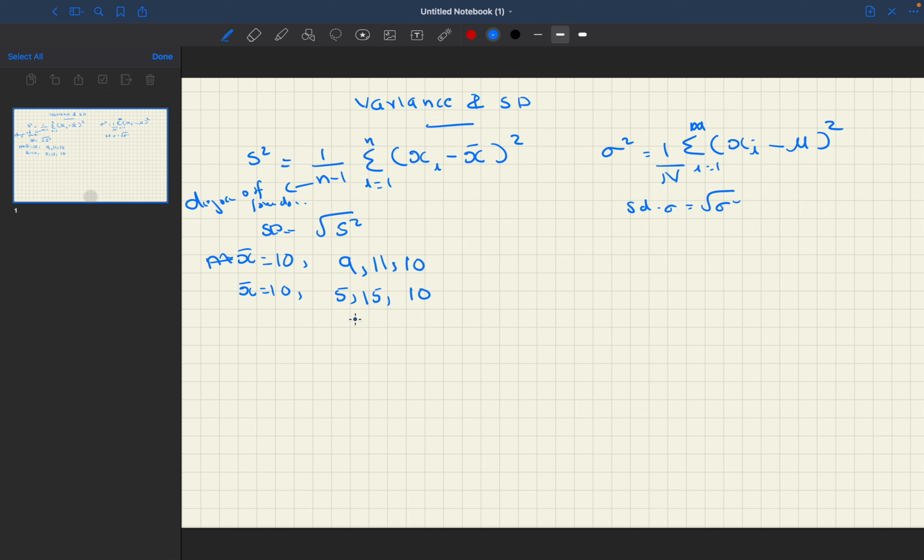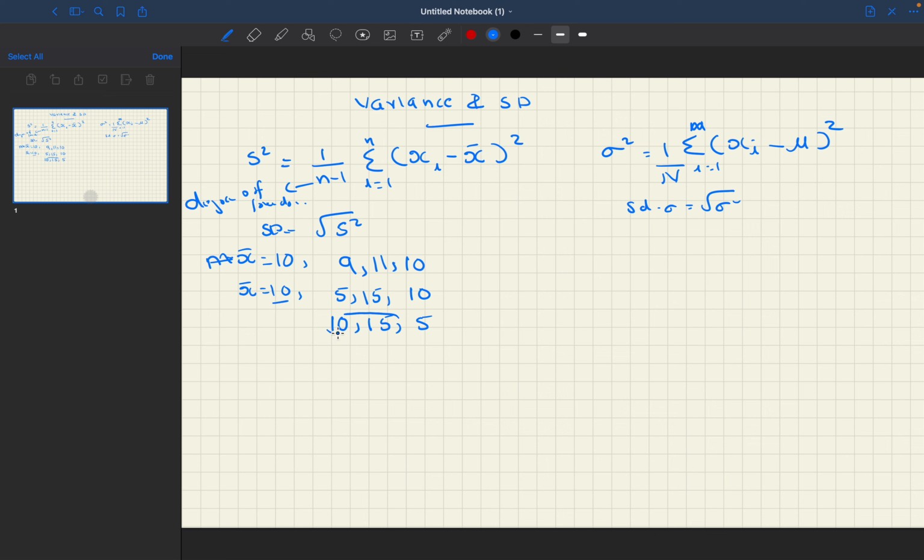One value is 10, then another value is 15. To get the mean of 10, the third value should be 5, right? That is 15 plus 10 plus 5, that is 25 plus 5, 30. 30 by 3 is 10.